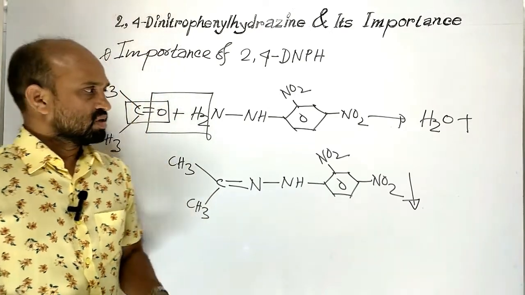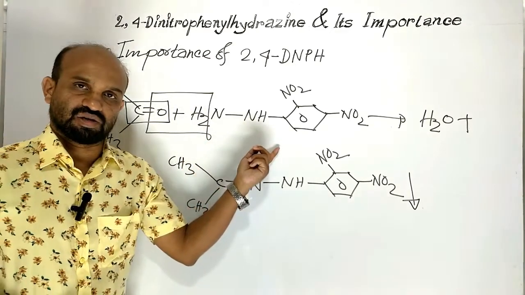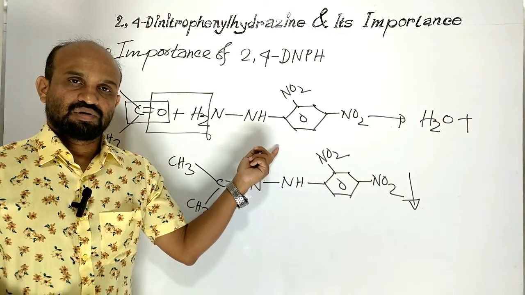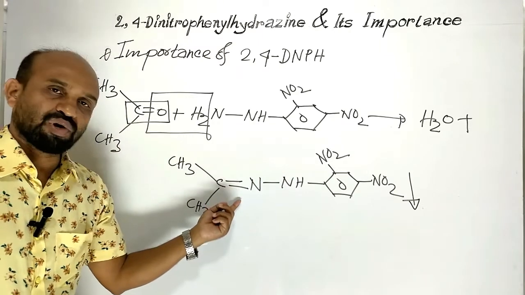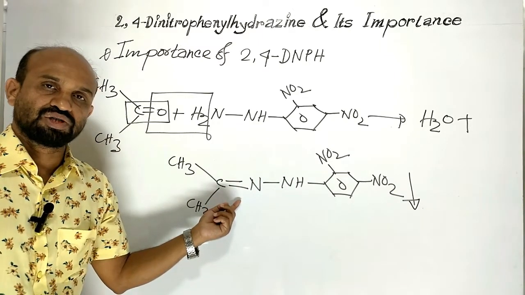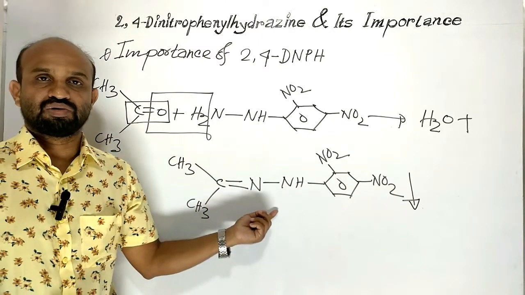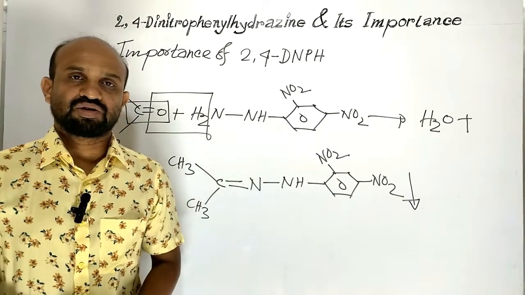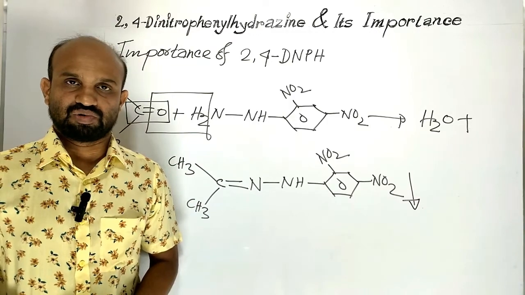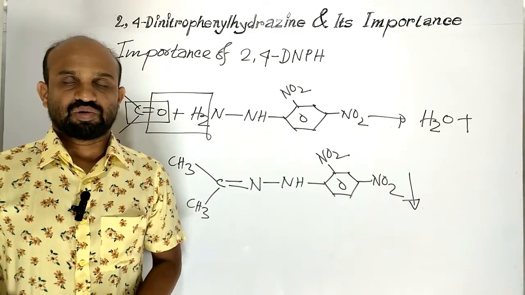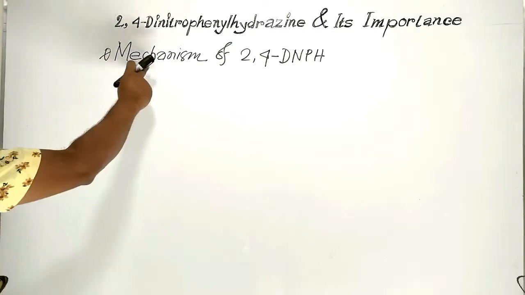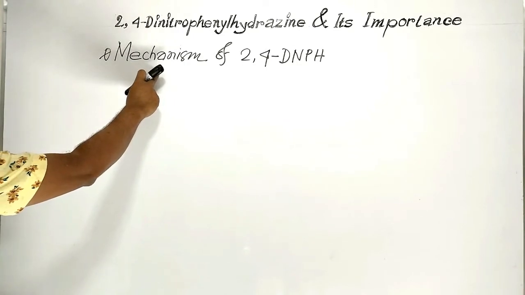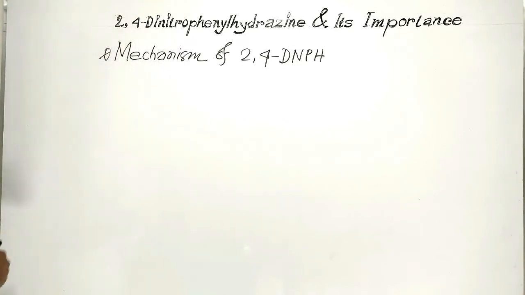Now let's see mechanism of this reaction, that is how this compound is formed. Yellowish orange colored compound, that is carbonyl 2,4-dinitrophenylhydrazone is formed. Let's see mechanism of the reaction. Mechanism of 2,4-DNPH. Step 1.